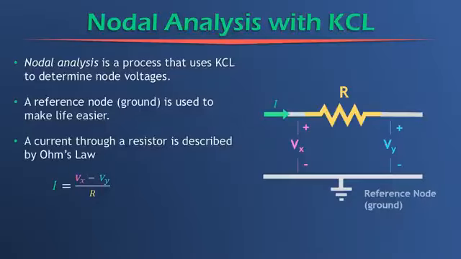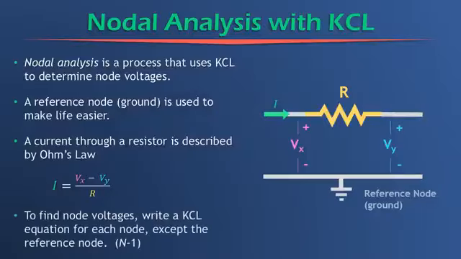Now Vx and Vy are what we call node voltages. And we might be interested in solving for those. To solve for these, we can write the KCL equation for each node in the circuit, except for the reference node. We exclude the reference node in our equations.